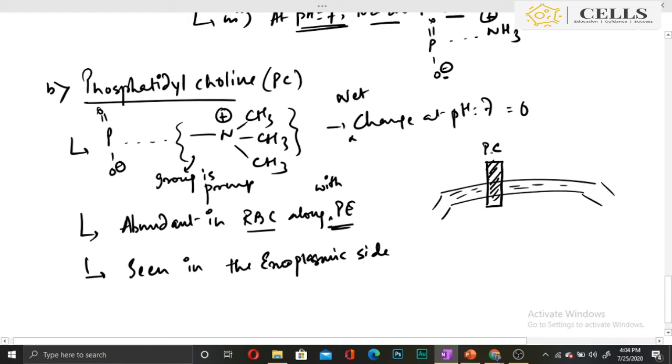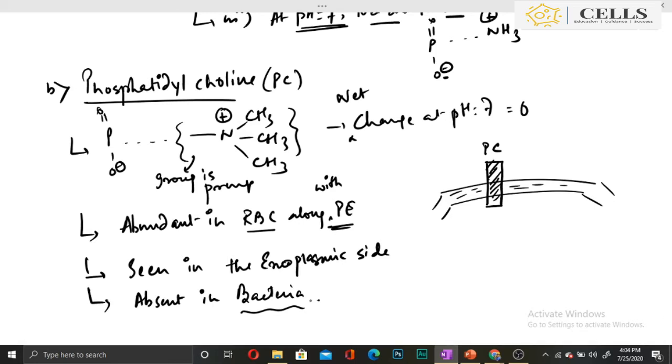This is very important: PC, phosphatidylcholine, is absent in bacteria. It's absent in bacteria. So have you written this?